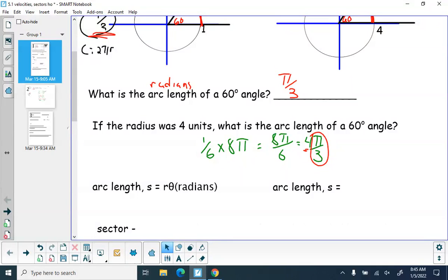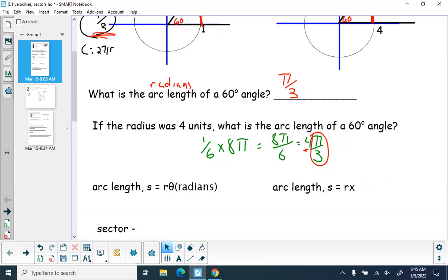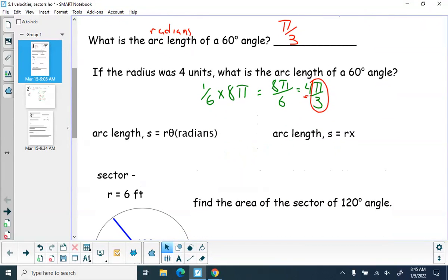But if we take our radius and multiply it by our arc length in radians, our radian measure of the degree measure, I can also come up with your arc length. Like I said, what I like is Rx a little bit better, because x is your number of radians.